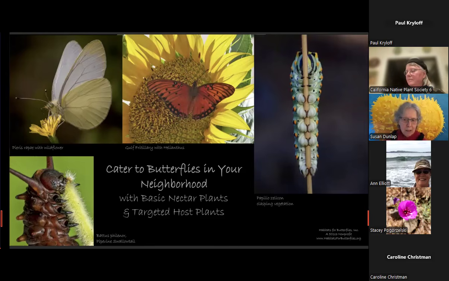At this point, a dozen different butterflies come through the garden one year or another. It's quite a joy to have them around. So these are the basic guidelines as far as the plants themselves are concerned, and what I recommend. Put a basic set of nectar plants in your garden and a targeted set of host plants.